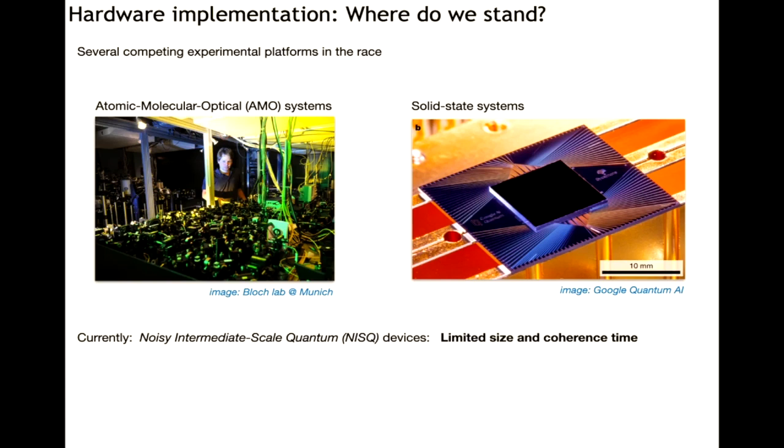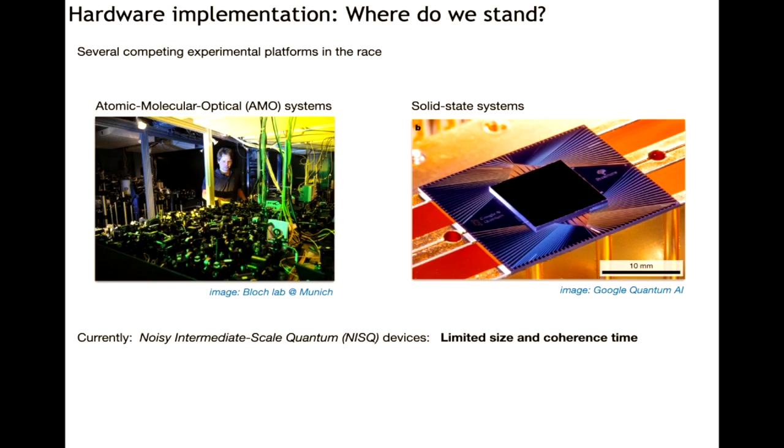And here the problem is that the size of these devices is limited, and the coherence time, the time where these machines work in a quantum mechanical way, is also limited, right? So roughly speaking, you may say that the frontier of current quantum devices is more or less at the boundary of classical computation.